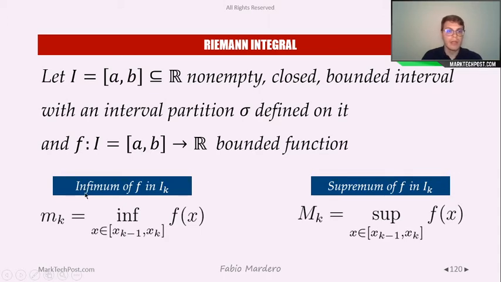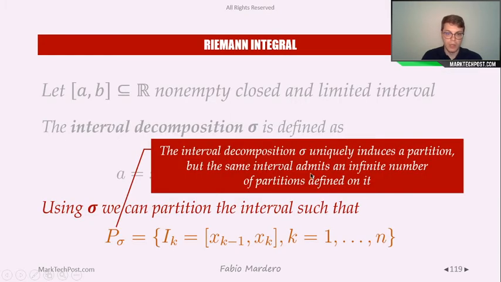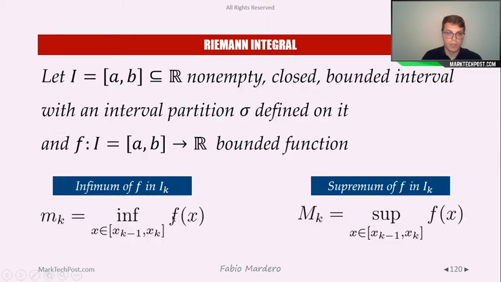And we define the infimum of f in one of the elements of the partition and the supremum of f in the same interval. This I_k is one of the elements of the partition. So we are defining an infimum and supremum for each element of the partition.